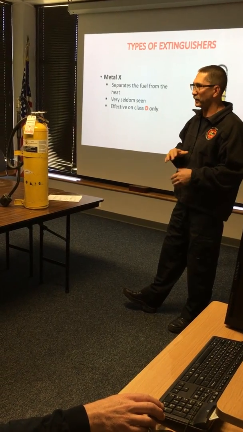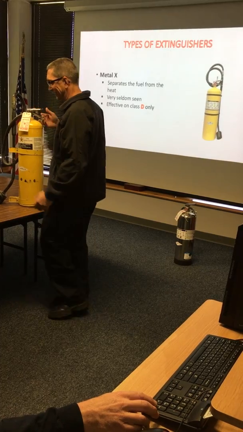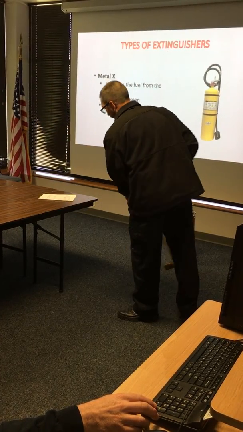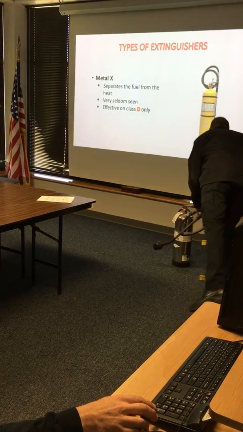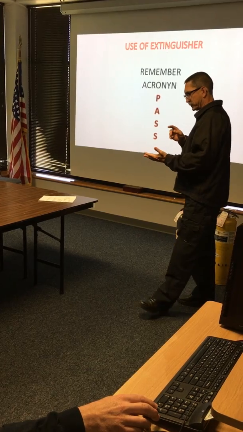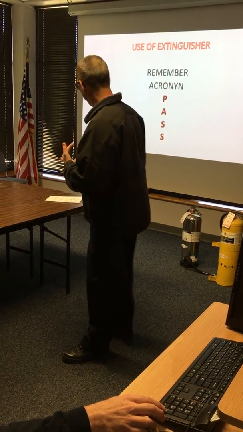It puts a coating on the metal. Like I said, and this is only good on Class D fires, very seldomly seen. And very heavy. Alright, now that we know the classes of fires, the different types of extinguishers, let's learn how to use one.